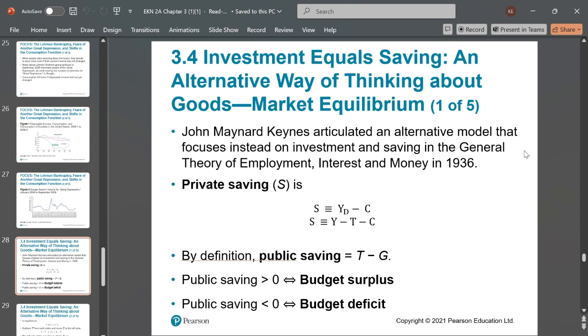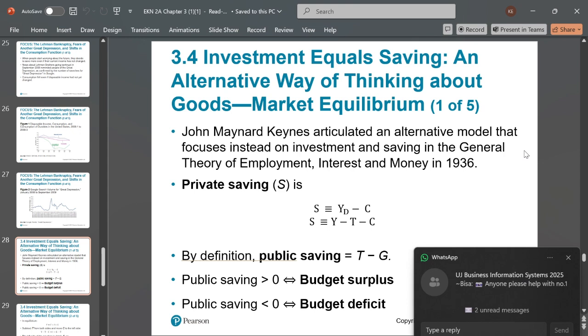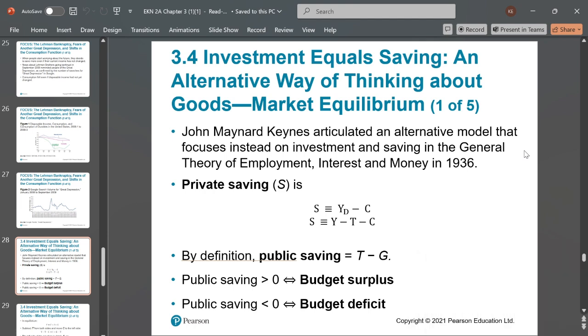If your mother gave you 10 rand for the day, and you only spent 5 rand, you would say that you saved 5 rand. Similarly, in this context, private saving is equal to your disposable income, the income that you're going to use to spend, minus what you actually spend, which is your consumption.